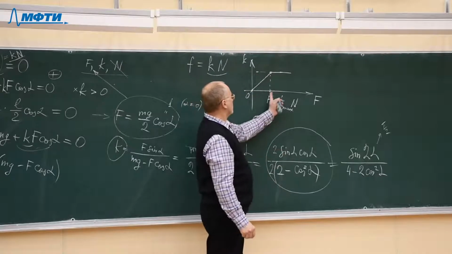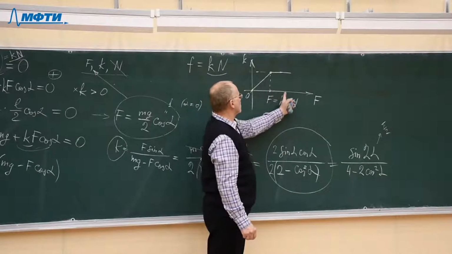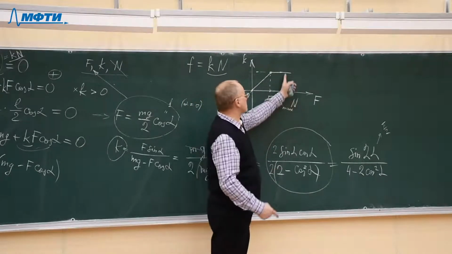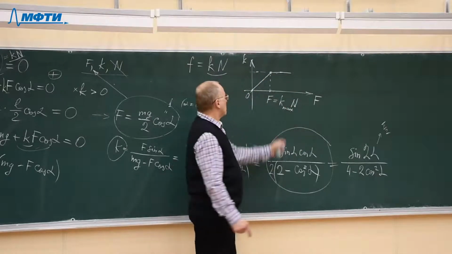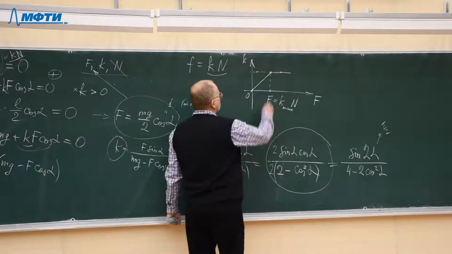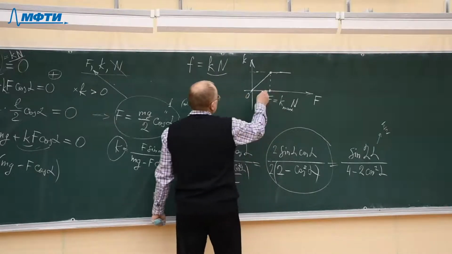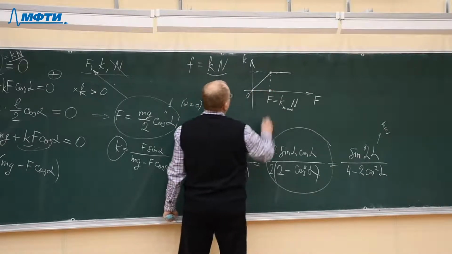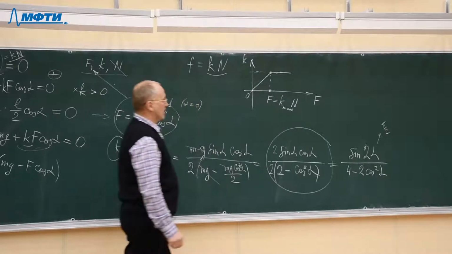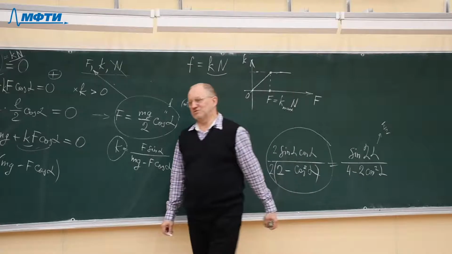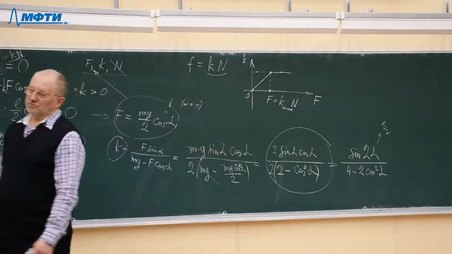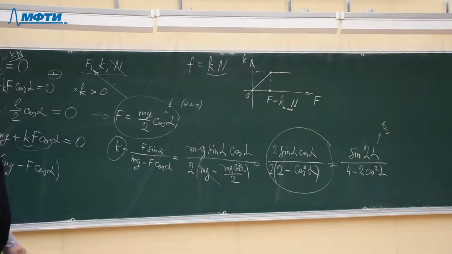So I may apply a larger force and the object will move with large acceleration, but the force of friction will remain the same. But in between these 2 points, the coefficient of friction may vary from 0 to the maximum possible value, which is given by this formula.